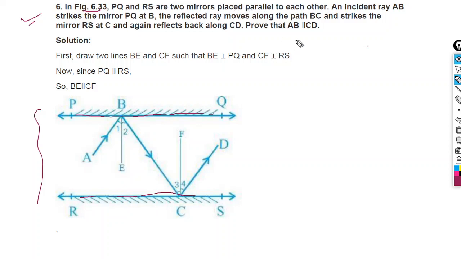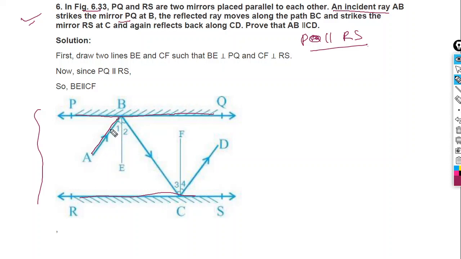So here it is given to us PQ is parallel to RS. So an incident ray AB strikes the mirror PQ at B. In science we know about incident ray and reflected ray.